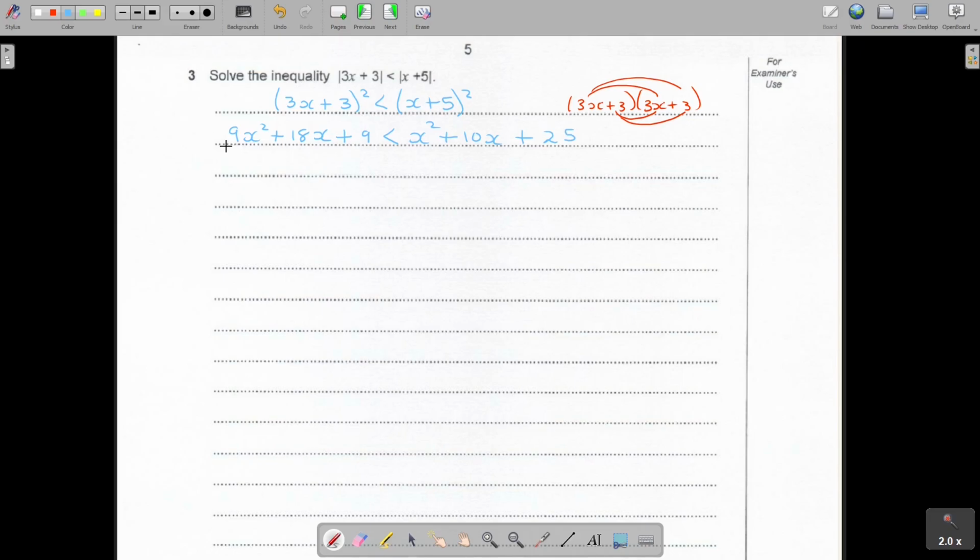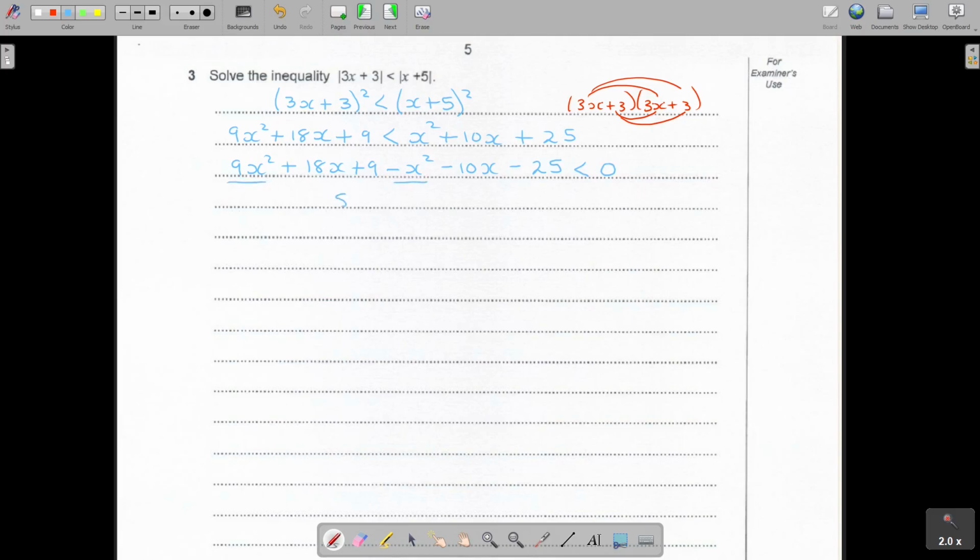Now, as soon as I see inequality, quadratic, I take everything to one side. Sometimes you can collect the same terms, but I prefer to rewrite this one. Sometimes if I collect the same terms, I make mistakes. So I rewrite this whole one just with the signs changed. Okay, then this is my like terms, and I just underline it.